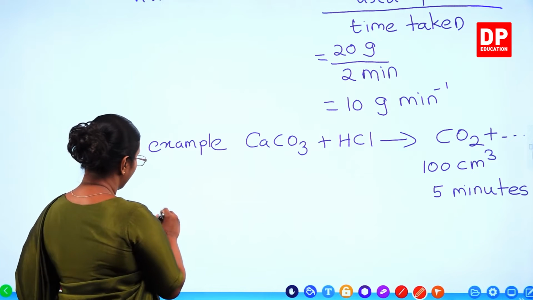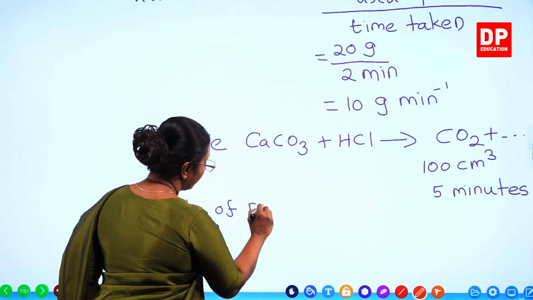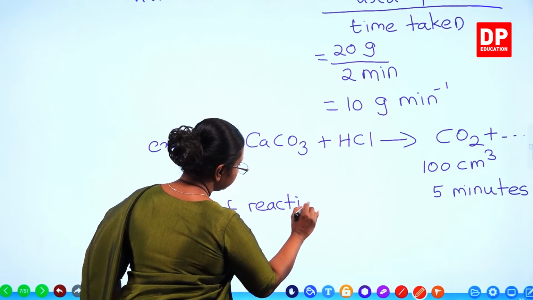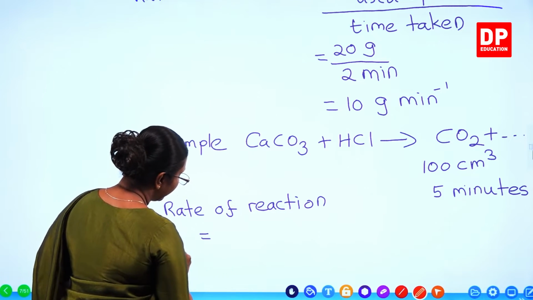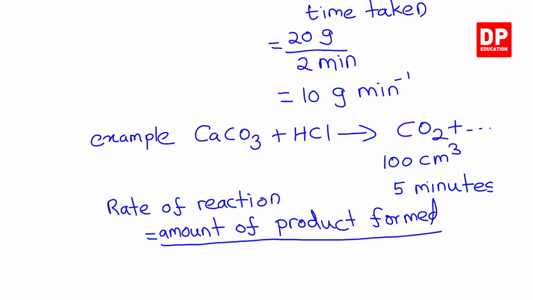So, 100 centimeter cube was collected in 5 minutes. So, here if you want to calculate the rate of reaction, what is that going to be? Amount of product formed divided by time taken.